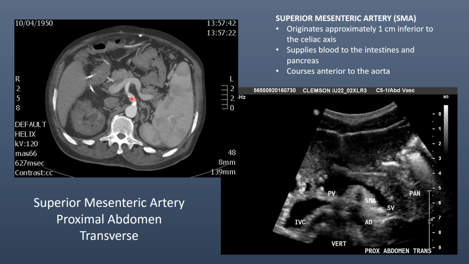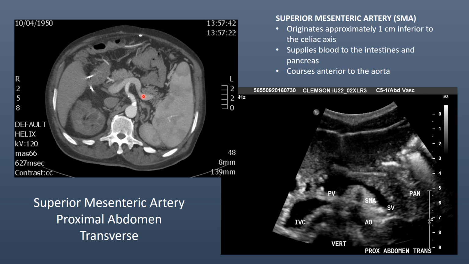So this is the superior mesenteric artery, and just anterior to the SMA, we can see the splenic vein. This is the spleen, this is the splenic vein draining the deoxygenated blood from the spleen. It's going anterior to the superior mesenteric artery, and this is the portion of the pancreas.